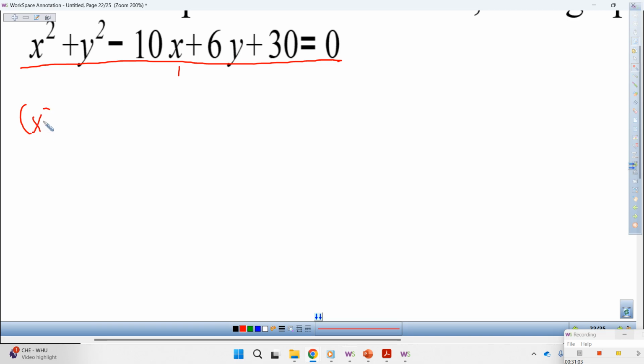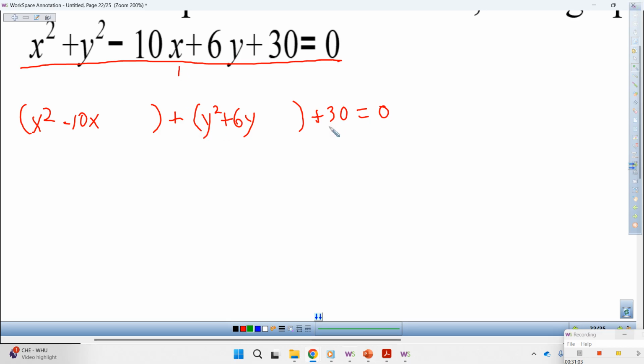Watch. (x squared minus 10x, leave an empty space), plus (y squared plus 6y, empty space), plus 30 equal to 0. So hopefully that helps you guys with the process. Ready? Here we go.